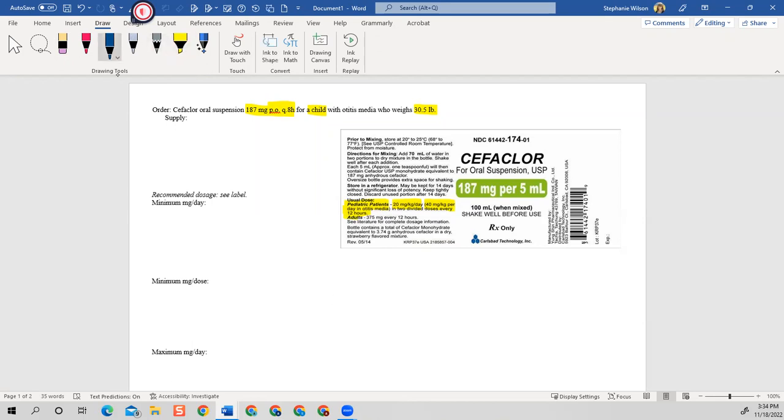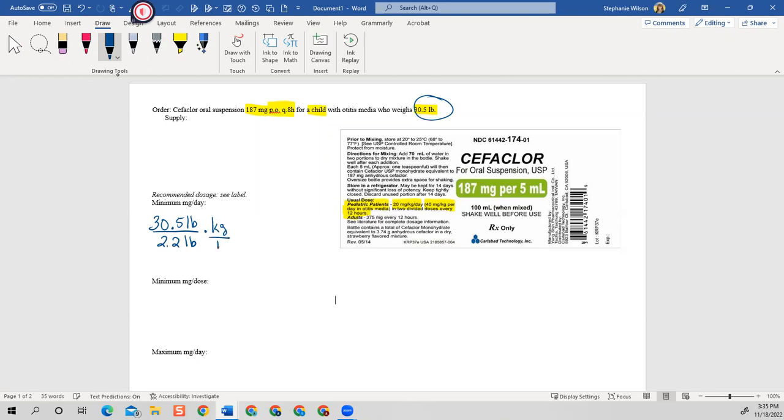What I want to do is recognize that the weight is in pounds, and the minimum and maximum are based upon kilograms. Since we are determining if this is safe or not, we don't want to round the patient's weight. So I take 30.5 pounds and divide by 2.2 pounds, times 1 kilogram.